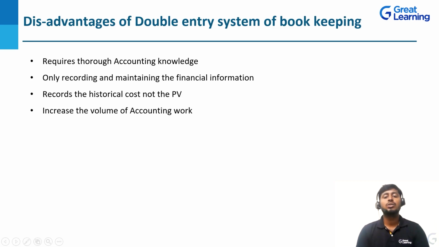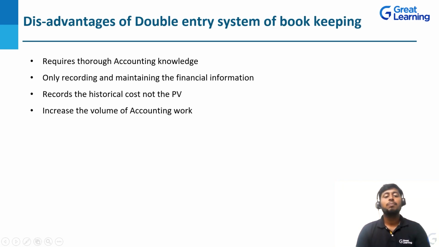Whatever the book value is, only that book value we are going to maintain. That is also one disadvantage of this double entry system of bookkeeping. We know present value, whatever a rupee is valued today, will not be the same the next day or after 1 week or after 1 month, correct? So that is the disadvantage here.